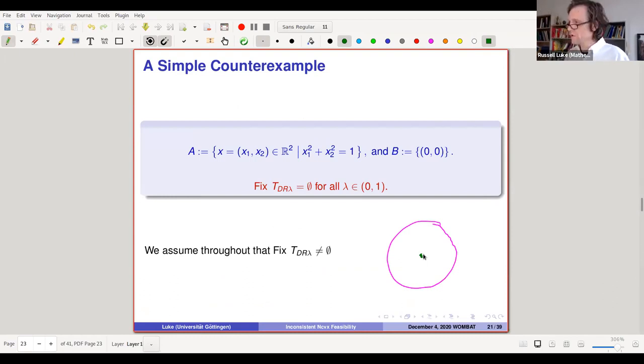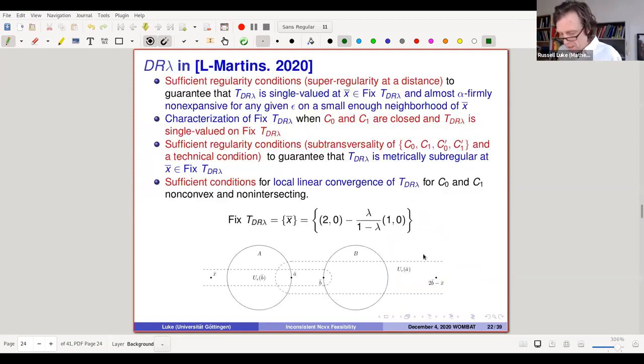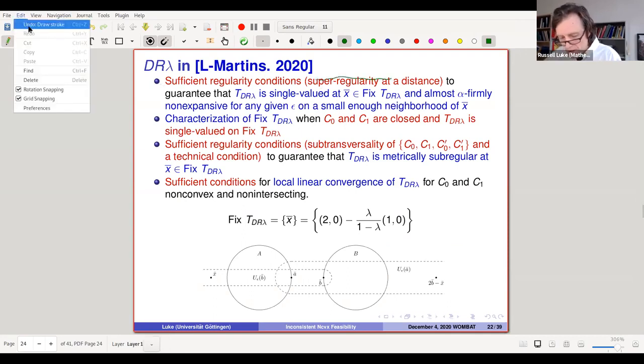You still have to assume that the set of fixed points is non-empty. But the key, together with Anna Martins in a paper that has been around for a while, but just appeared in 2020 in SIOPT, we are able to provide sufficient regularity conditions, what we call super regularity at a distance.